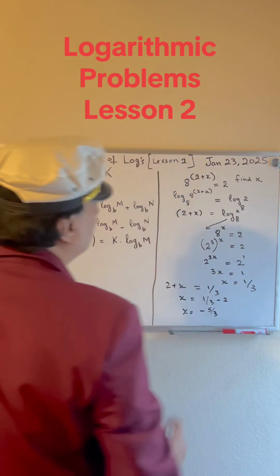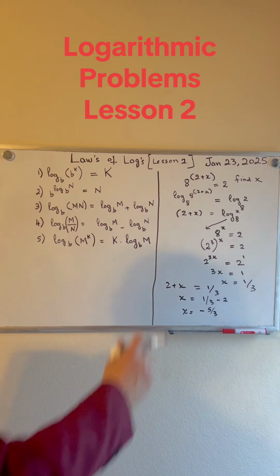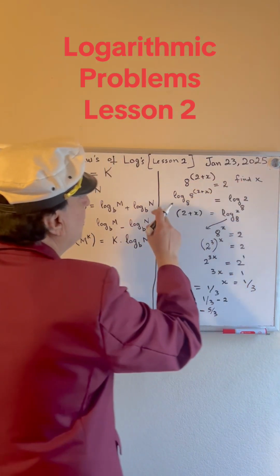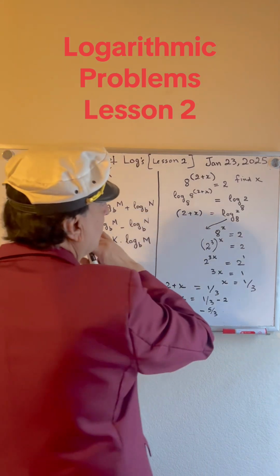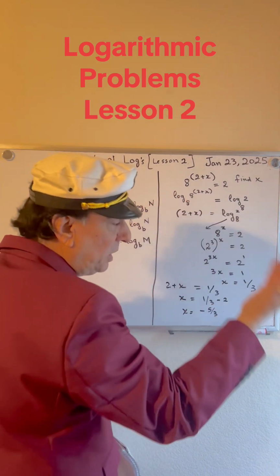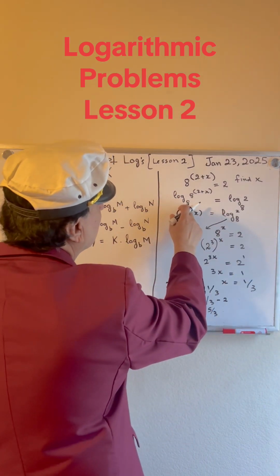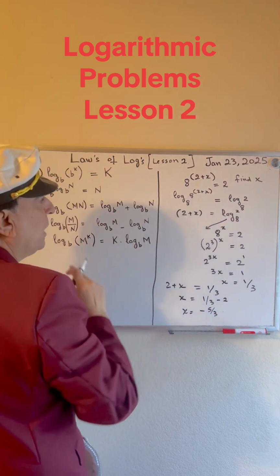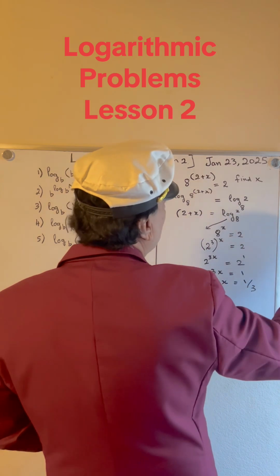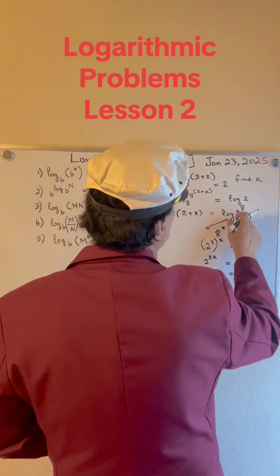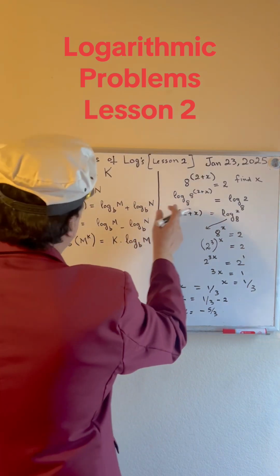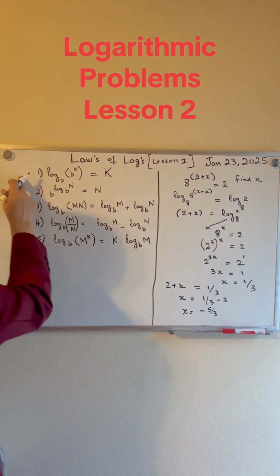So how's that? Real recap: 8 raised to power 2 plus x is equal to 2. Find x. We take the log on both sides, base 8: log base 8 of 8 raised to the exponent 2 plus x, and on the right hand side, log base 8 of 2. I apply this law number 1.